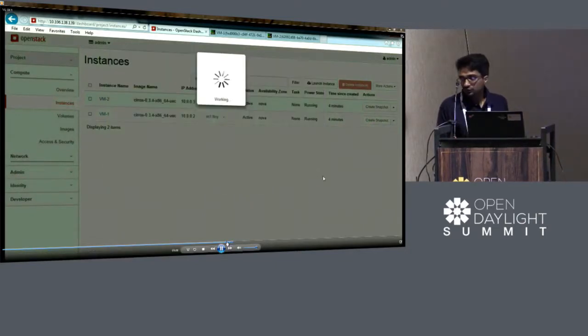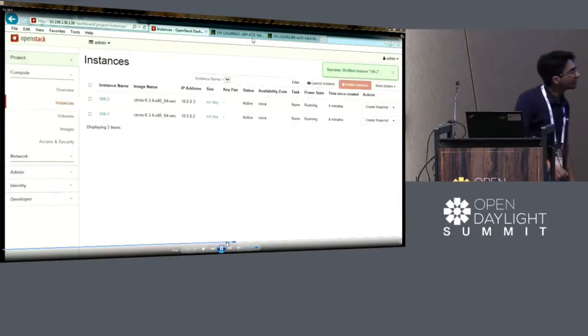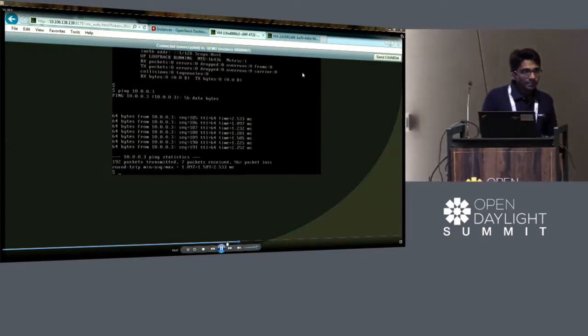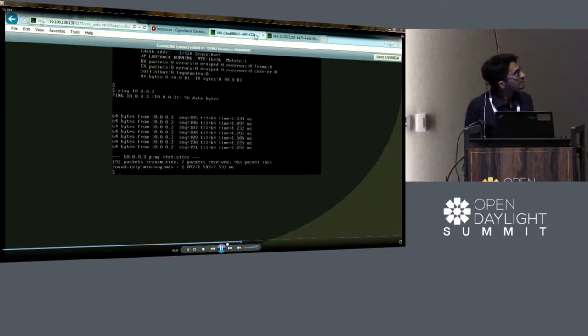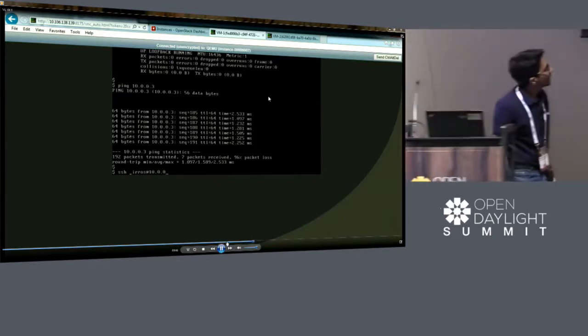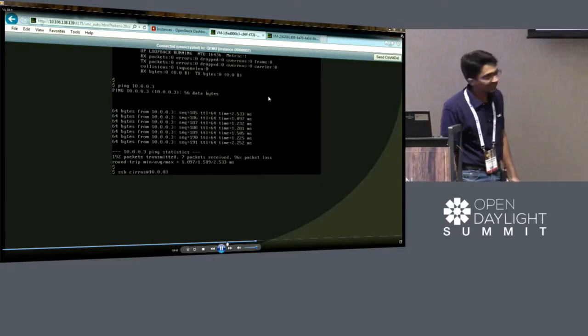Without security rules now, all the communication from the VM instances is blocked. I think they added a security rule to allow ICMP and a security rule to allow SSH, so they are demoing both the protocols here.